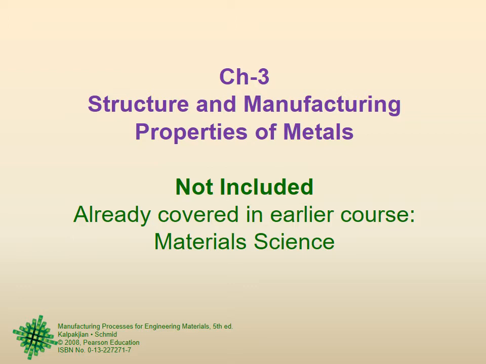Whenever good textbooks are written, they do this: the book is actually about manufacturing processes, but chapter 2 and chapter 3 are about structure, properties and behavior of materials, because that is needed in manufacturing definitely.